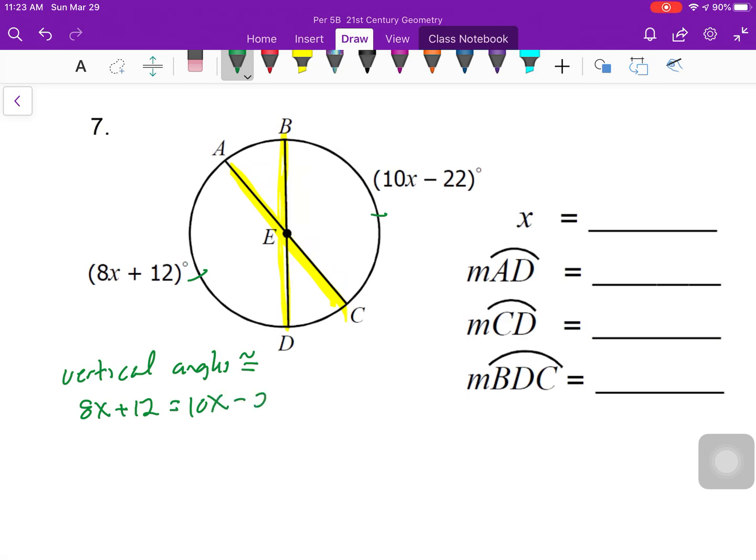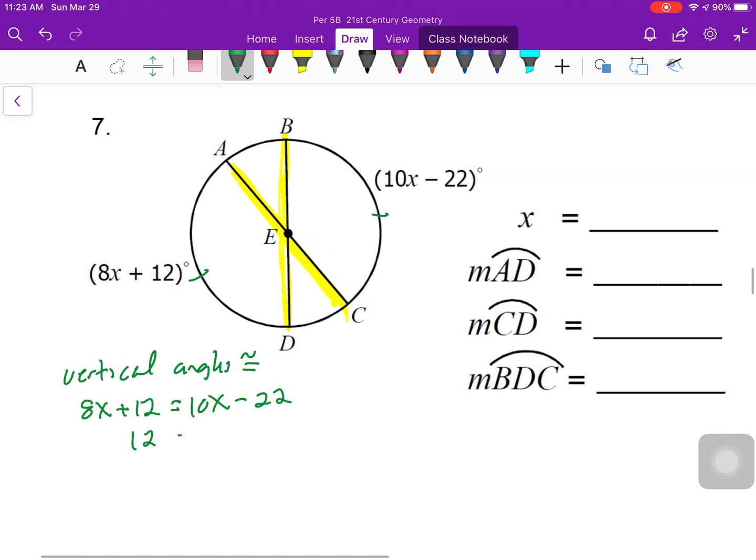So that means 8x plus 12 will equal 10x minus 22. I'm going to subtract 8x on both sides. I get 12 equals 2x minus 22. I'll add 22 and I get 34 equals 2x. So each x is 17.